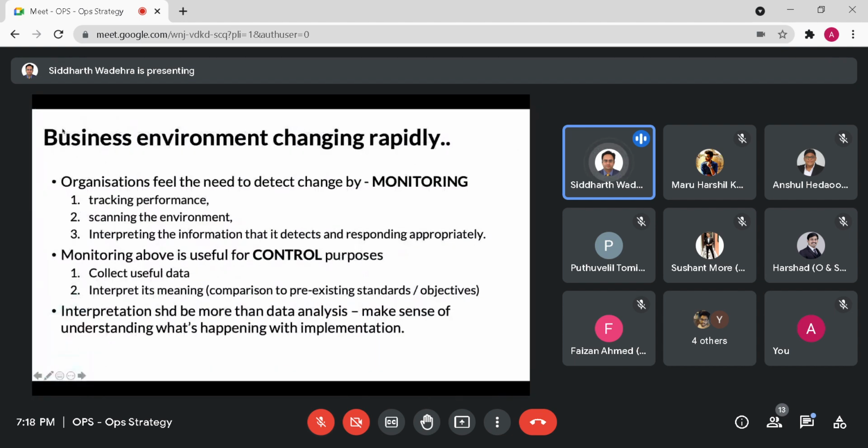Okay, when the business environment is changing rapidly, which most organizations usually are confronted with, organizations feel the need to detect change by monitoring, and there are typically three elements you look at when tracking performance. You're scanning the environment, interpreting the information that detects, and responding appropriately.